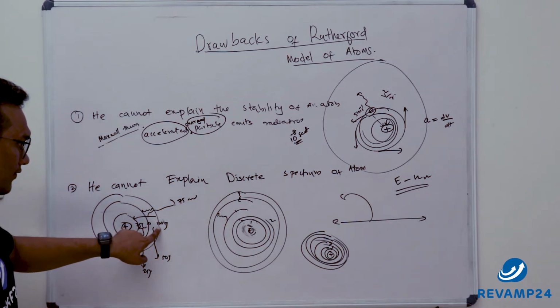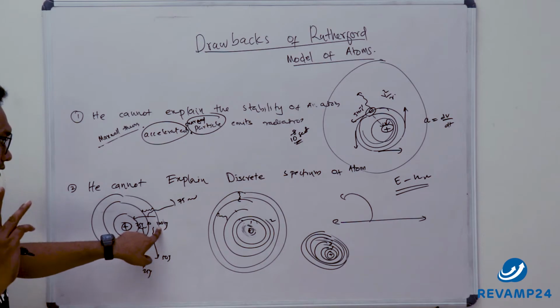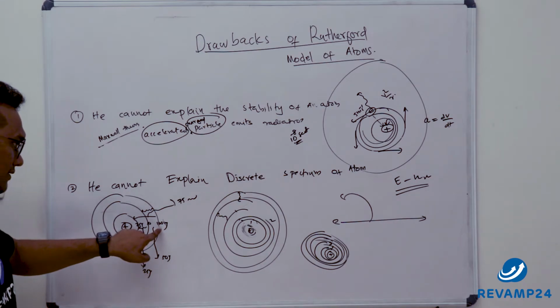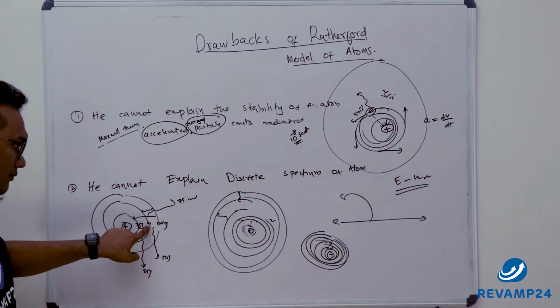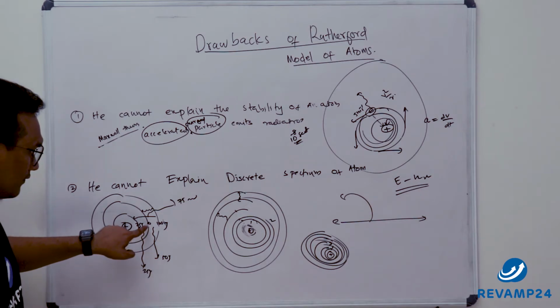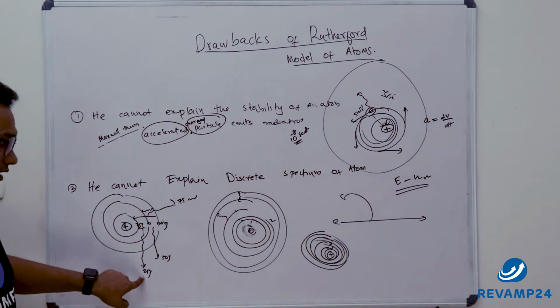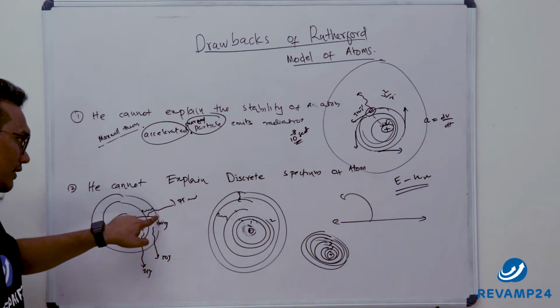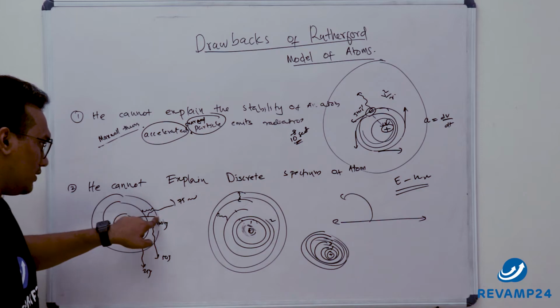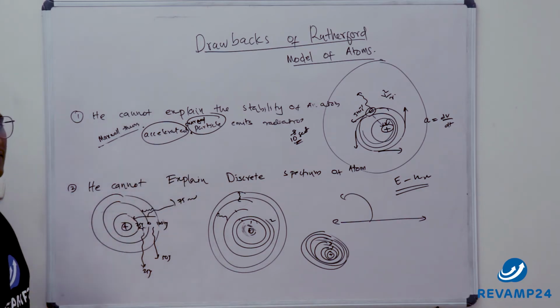So an electron at 100 joule has only three possibilities. One is 100 to 50, by emitting 50 joule. Then from 50 it can go to 25, emitting 25 joule. These are two possibilities. One more possibility, it can go straight from third to first by emitting 75 joules.